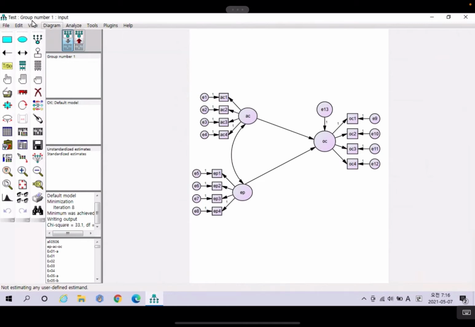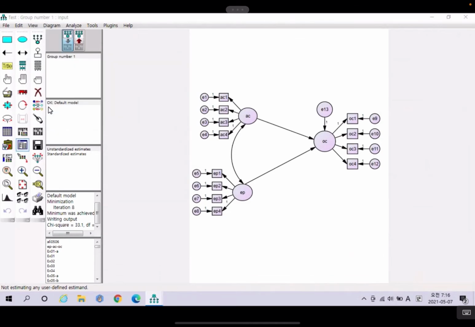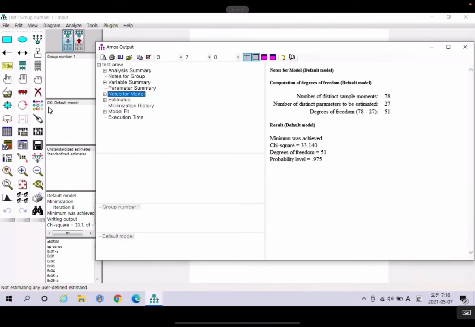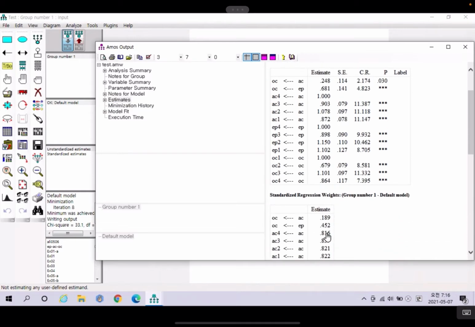Okay, so if you want to look at the output, you go here and you select this one, right? So this one is the first page, and then you go to the estimates, right? You get the regression weights and standardized regression weights, right?